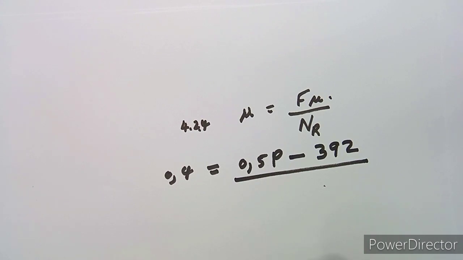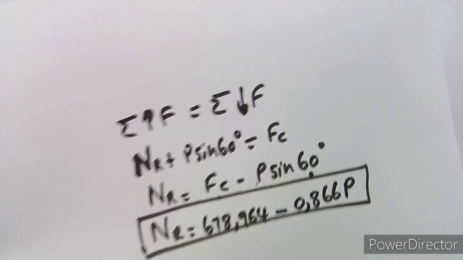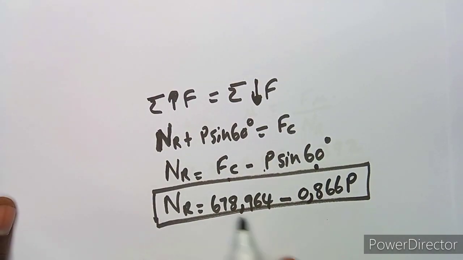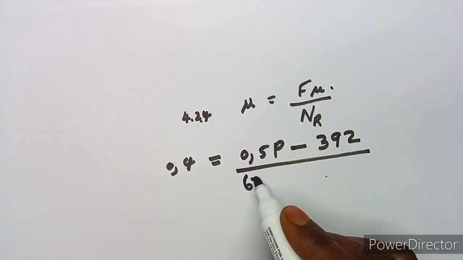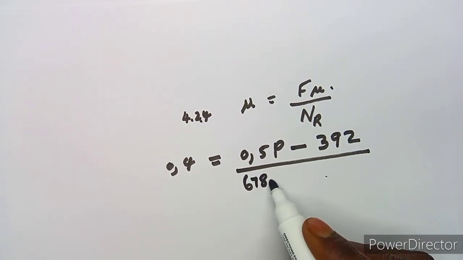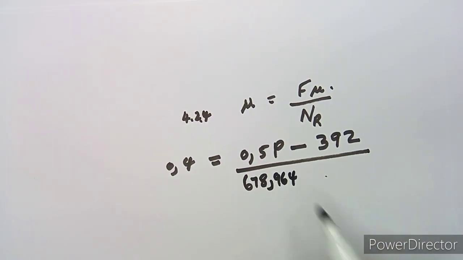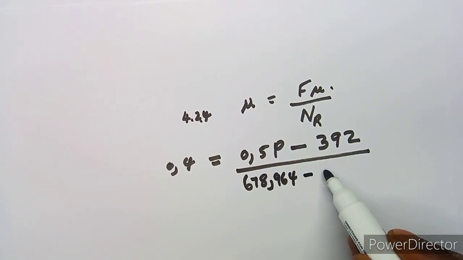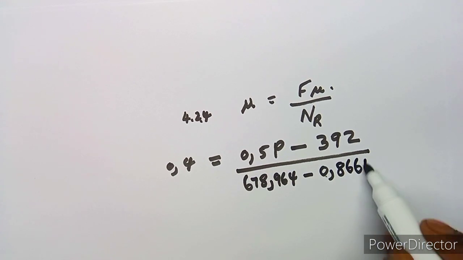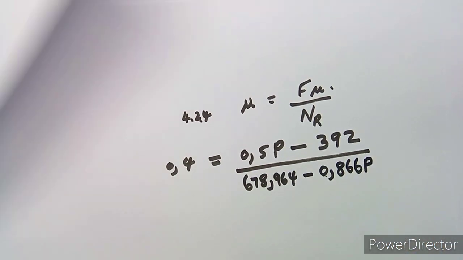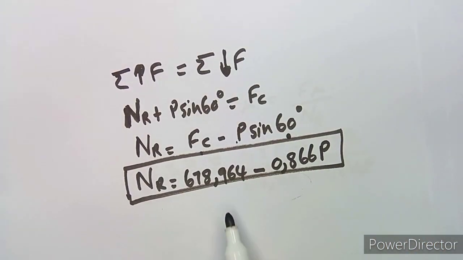In terms of what? In terms of p again, because remember that's what you want to calculate. So this is our normal reaction in terms of p, which is 678,964 minus 0.866p. So you're just substituting your normal reaction.